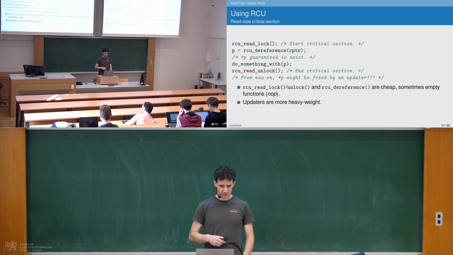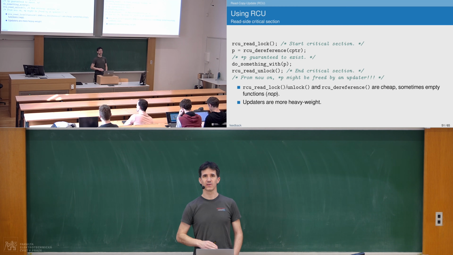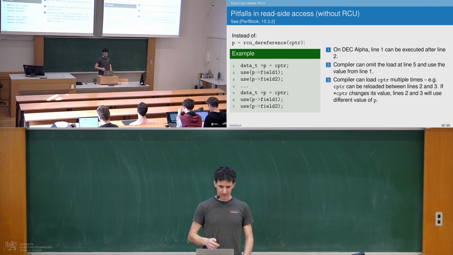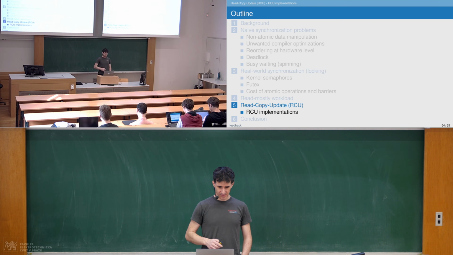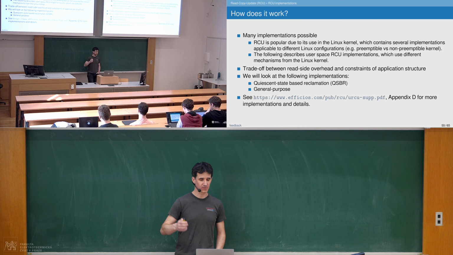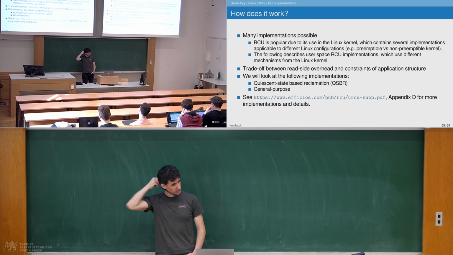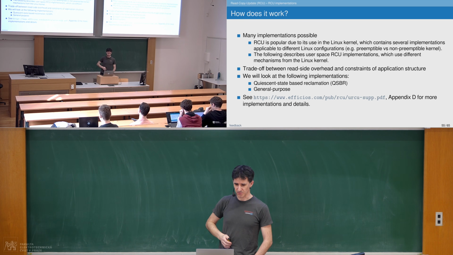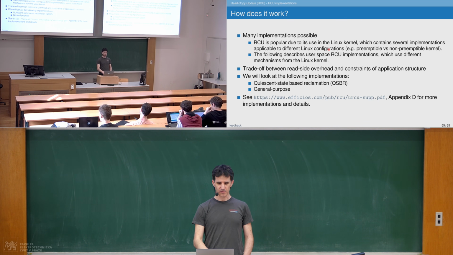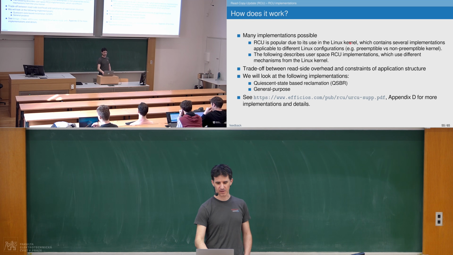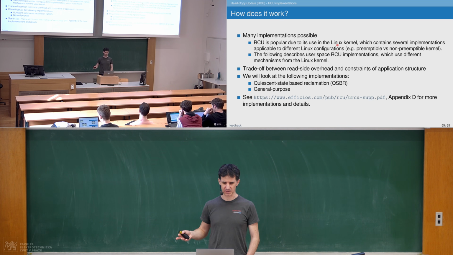How to use RCU? I think I will show that in the exercises, so I will just skip that. And now I would like to look at an implementation of RCU, which is one of the implementations. As I said, if you read about RCU, what you probably find is how the Linux kernel implements RCU.